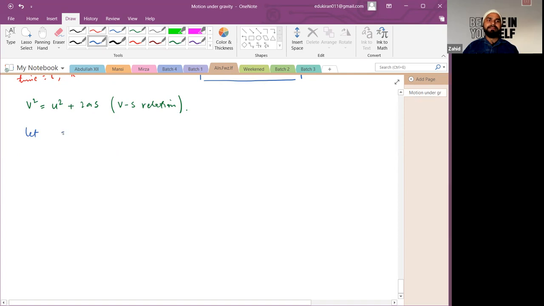So let's say acceleration is dv over dt. In this part, we have time, but for this expression, there is no time-dependent term. So we have to convert it in terms of displacement. For this, just multiply and divide by dx to this fraction.